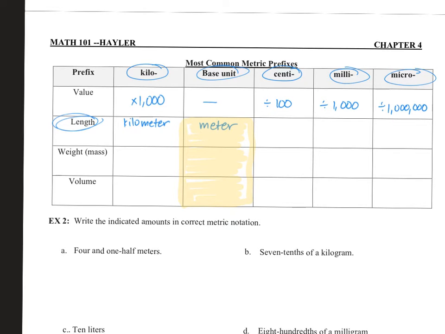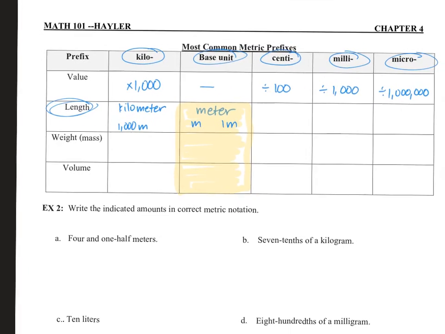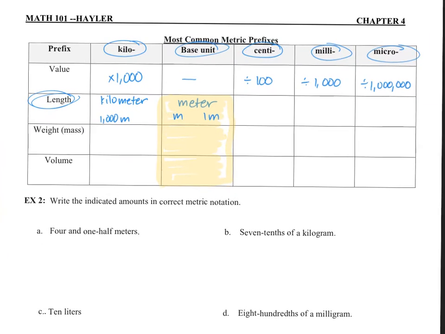All right, so the base unit would be a meter. We'd abbreviate that with an m, and that would be 1 meter. So the kilometer is going to be our base unit times 1,000, so that would be 1,000 meters. And the abbreviation for kilometer is going to be km.